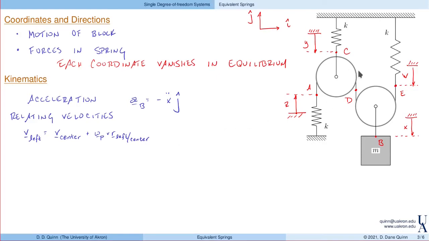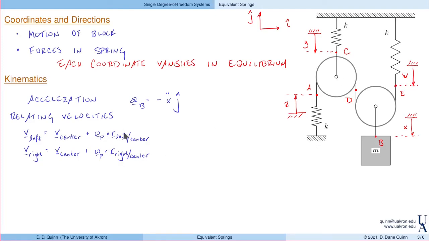We can do the same thing for the right side of the pulley. So the velocity on the right is the velocity of the center plus the angular velocity of the pulley cross the position of the right with respect to the center. Now, the thing here is that this vector from the center to the left is the opposite of the vector from the center to the right.